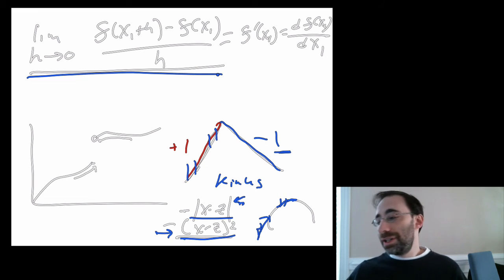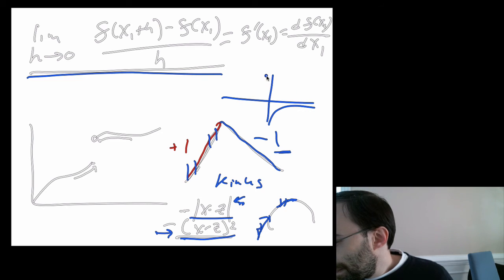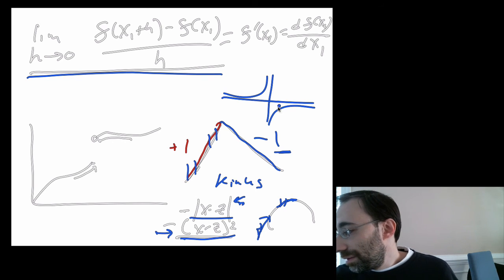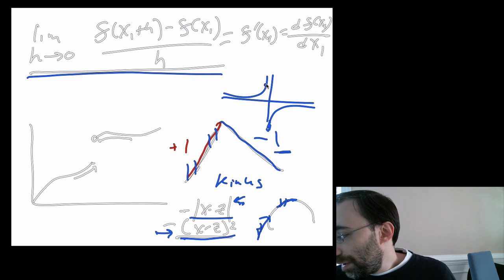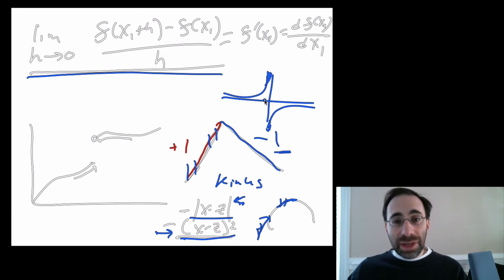So for instance, functions that have behavior like this would also not have a derivative at 0 because the slope over here is decreasing infinitely, the slope over here is increasing infinitely, so there's no derivative at 0. So functions with kinks or odd behavior at certain points won't have derivatives at those points. But other functions will have derivatives, and we'll see how to compute them as we go on in the course.